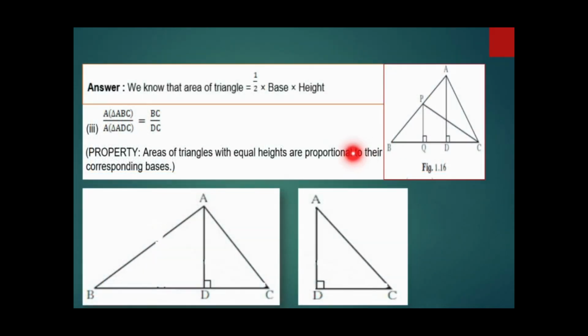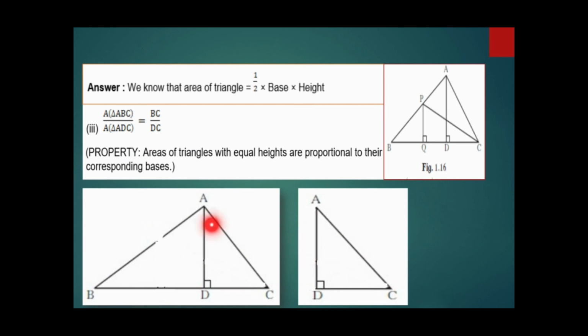See third, we have to find area of triangle ABC upon area of triangle ADC. So we separate these two triangles first. This is triangle ABC and this is triangle ADC. Now in this two diagram, height is same, that is AD, but base is different.